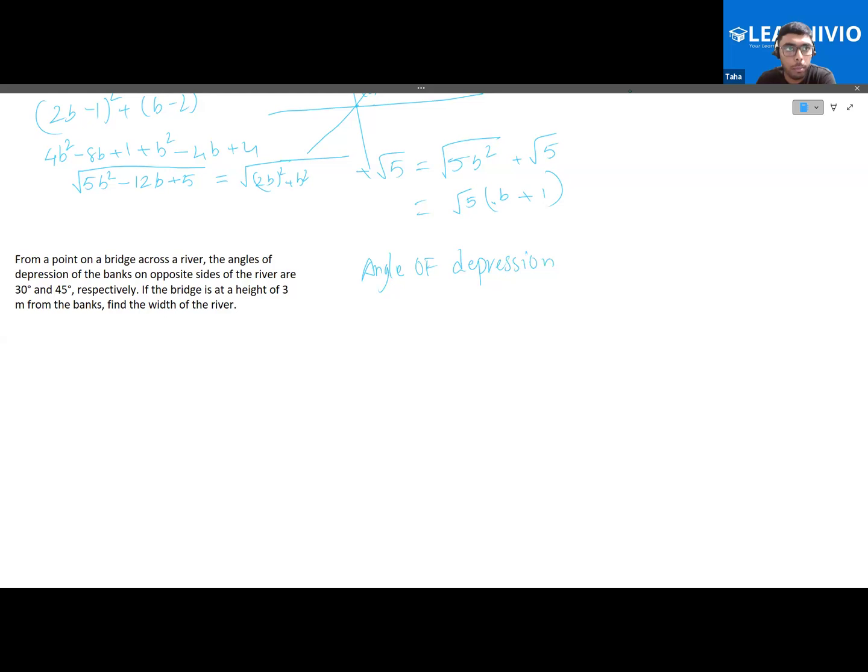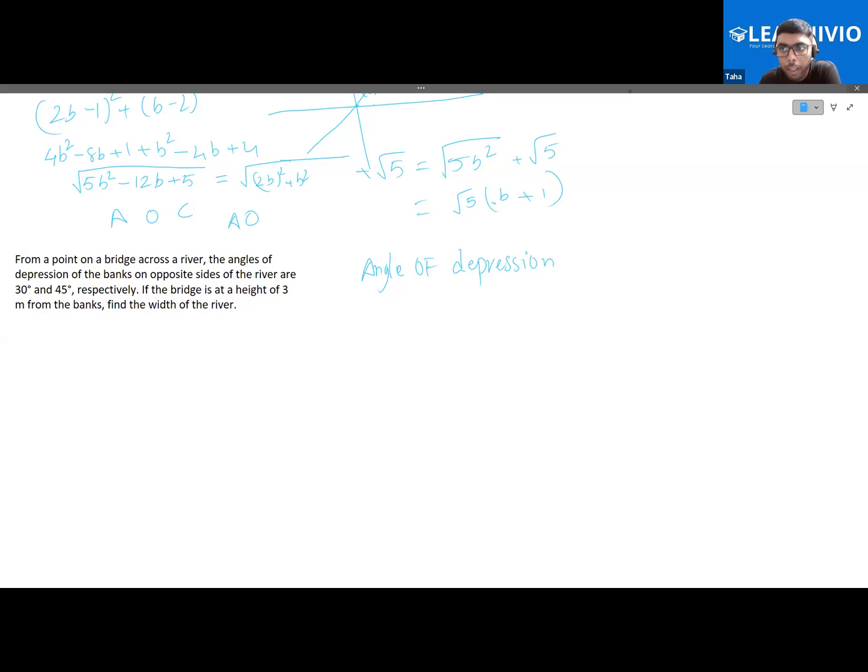And then we are talking about the fact that, over here in this question, we are not sure how we should go about it. We can try another way also. And yes, angle of depression here. If the bridge is at a height of 3 meters from the banks, find the width of the river. Okay, so angle of depression 30 degrees and 45 degrees, and bridge height is at 3 meters.